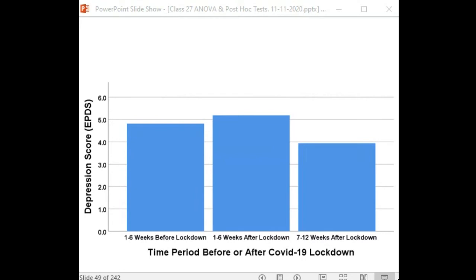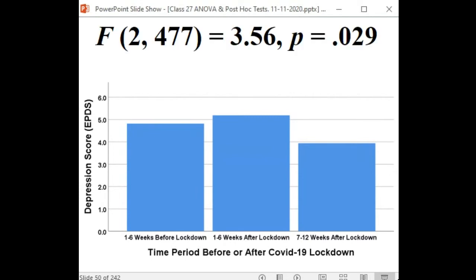So we do that, and the ANOVA produces a statistic called F. When we do a t-test, we do our calculations and get T. When we do an ANOVA, we do our calculations and get F. Now, for the groups in this graph, F is equal to 3.56 and P is equal to 0.029.